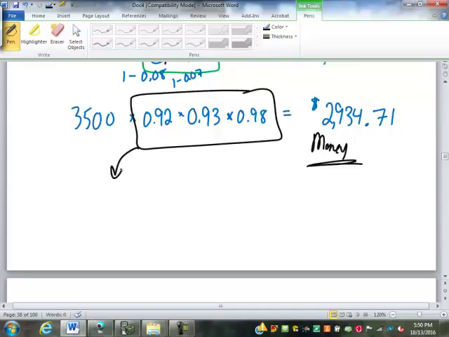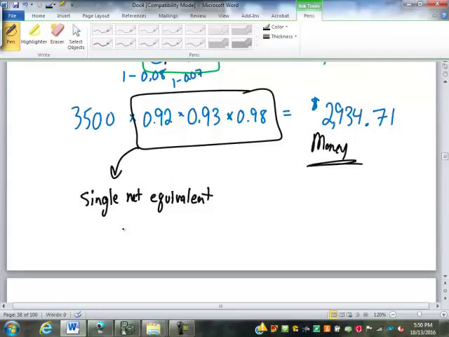If I multiply those together, that is called the single net equivalent, or the net price equivalency rate. Every textbook calls it something different.